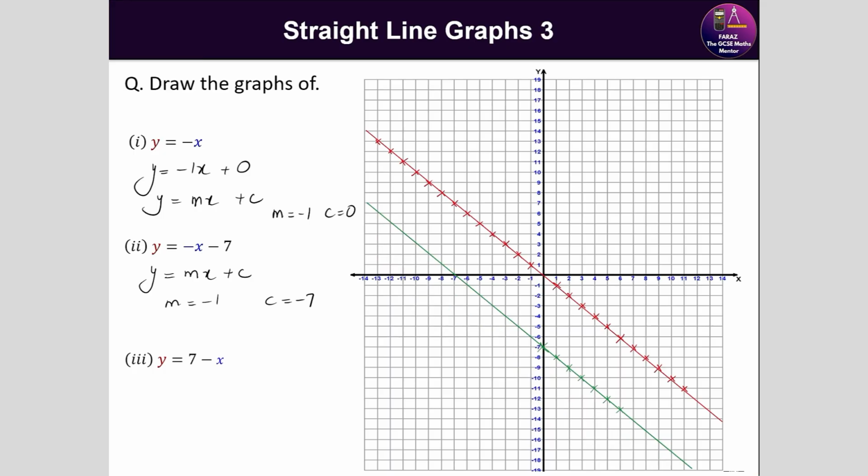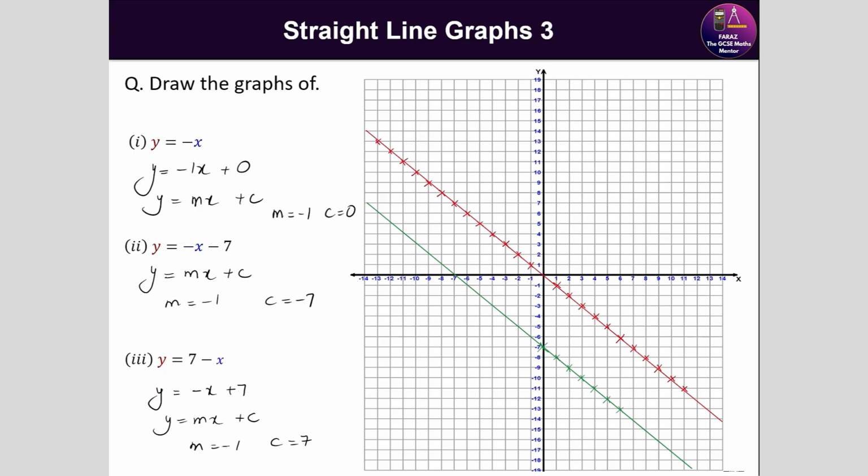Alright, in the third one you have to rearrange the equation. First it must be y equals negative x plus 7, and then comparing it with y equals mx plus c, m becomes negative 1 and c equals 7, which means the y-intercept is 0 comma 7.